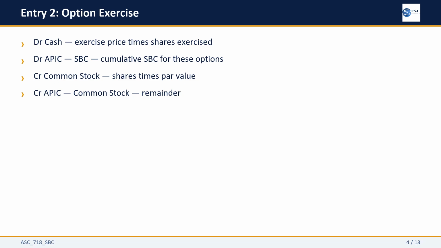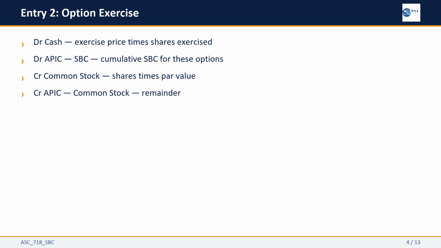When an employee exercises stock options, cash comes in at the exercise price. The cumulative SBC that was recognized for those specific options is also reclassified out of APIC stock-based compensation. Together, the cash received and the accumulated SBC pool are credited to common stock at par value and to the regular additional paid-in capital account.